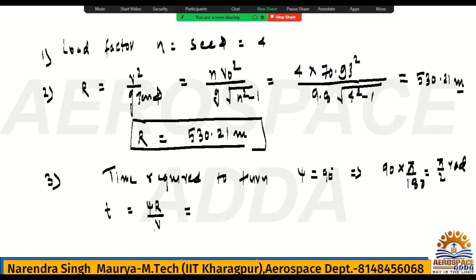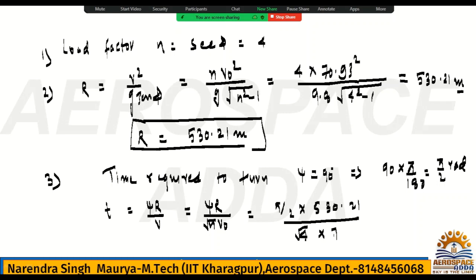And this velocity V you convert into steady level velocity, so V is root of n into V naught. So it is pi by 2 into radius 530.21 divided by root of 4 into V naught, which is 70.9.